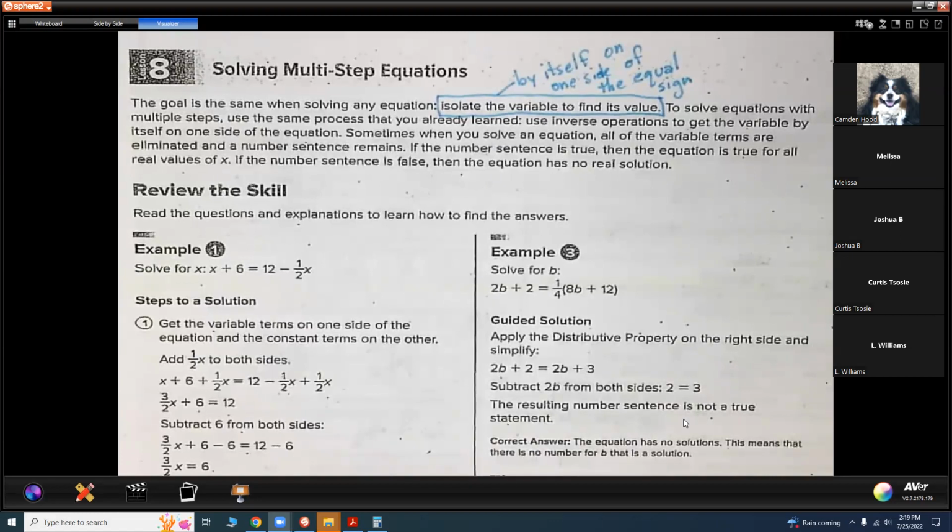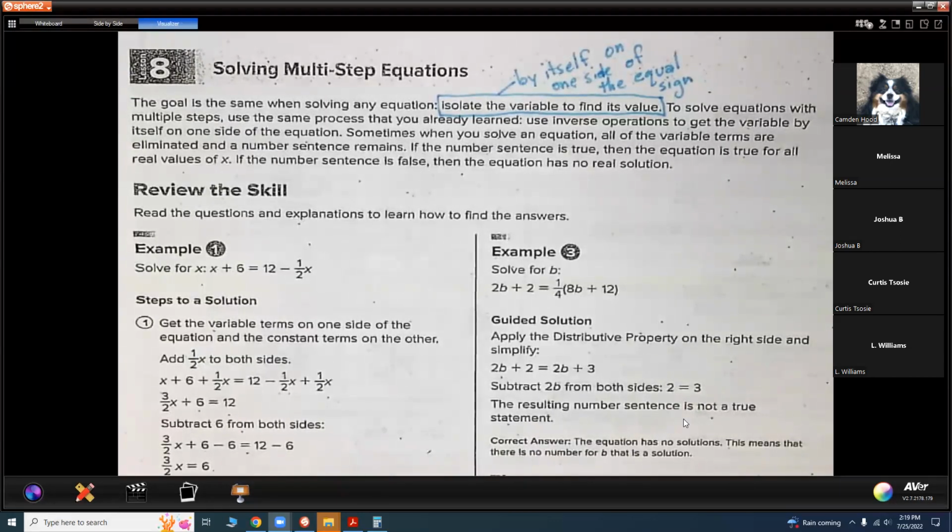Solving for the variable, okay? To solve equations with multiple steps, use the same process you've already learned. Use inverse operations to get the variable by itself on one side of the equation. Okay, that's what we just did when we practiced those 5 equations.